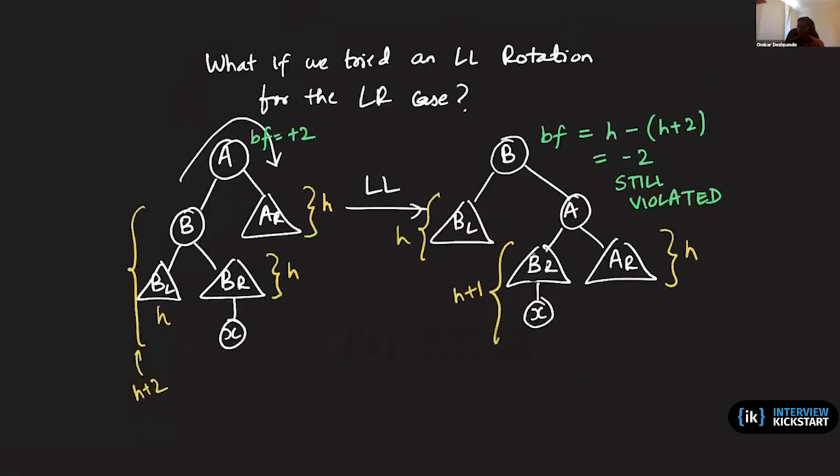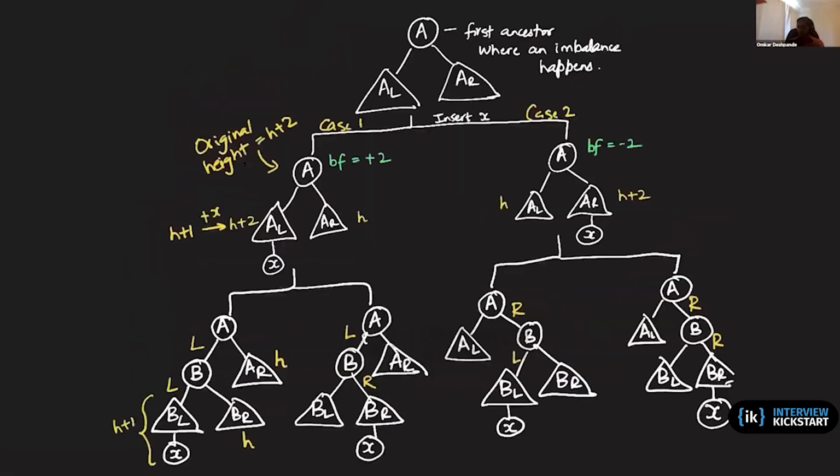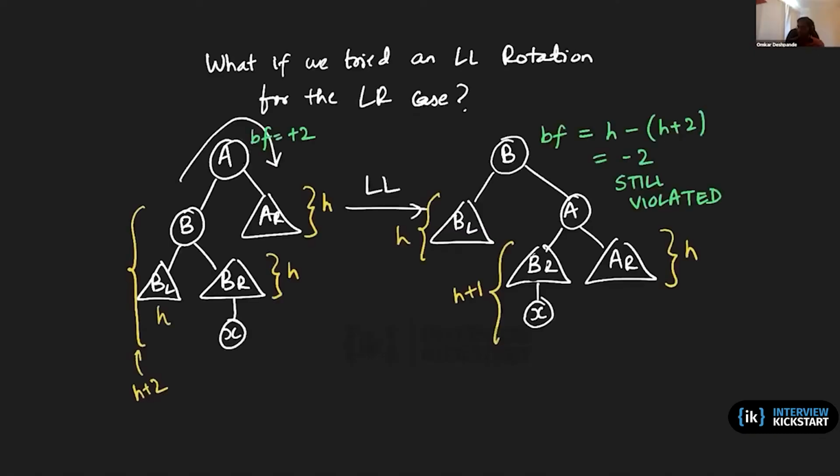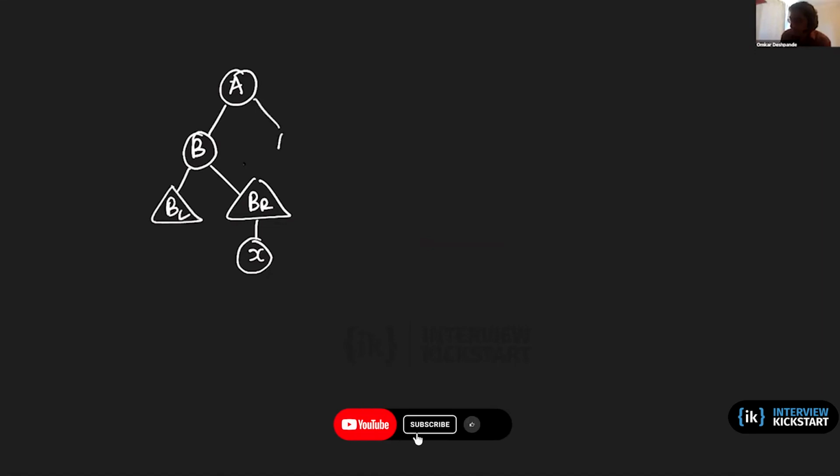So we need a double rotation, therefore, and let's do that double rotation where we are in the LR case. So we have to go down to the left subtree of A and then go down in the right subtree here, B sub R. This is where X is. So B sub L is here and A sub R is here.